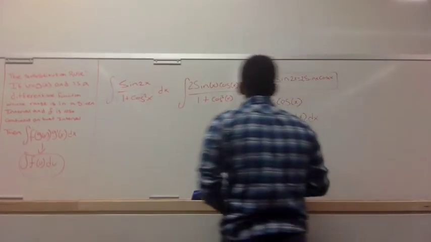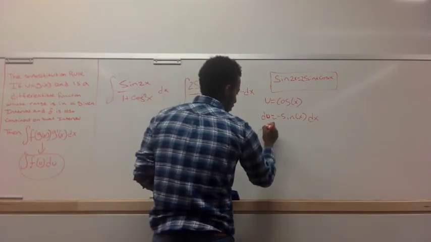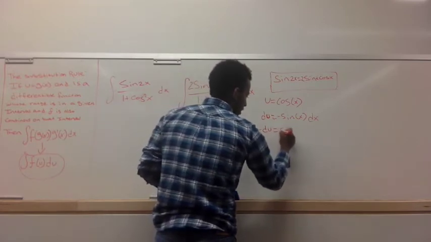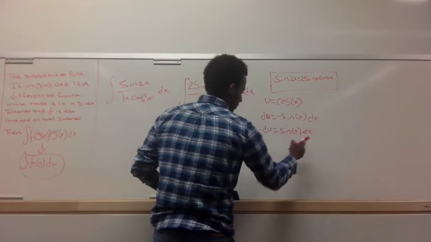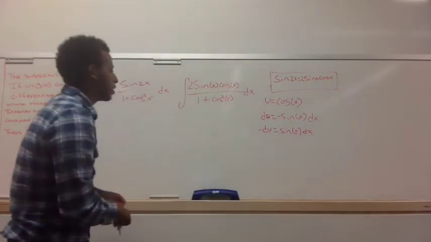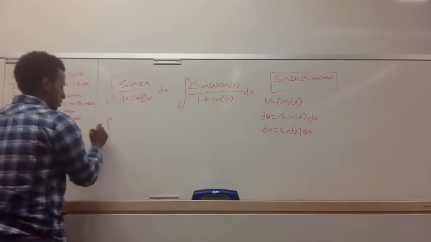So now we move the negative onto the other side, so negative du is equal to sine x dx. Now everything replaces, and we get a new integral that looks something like this.